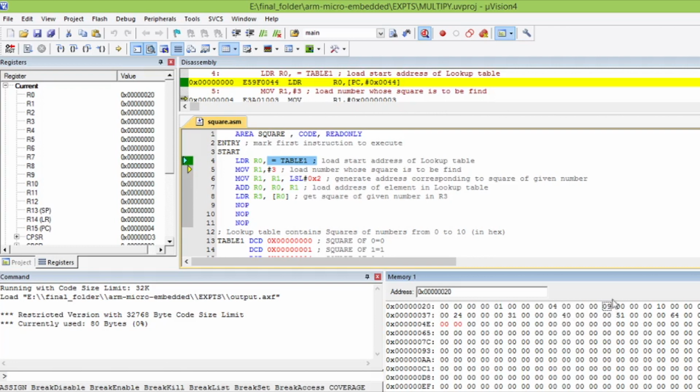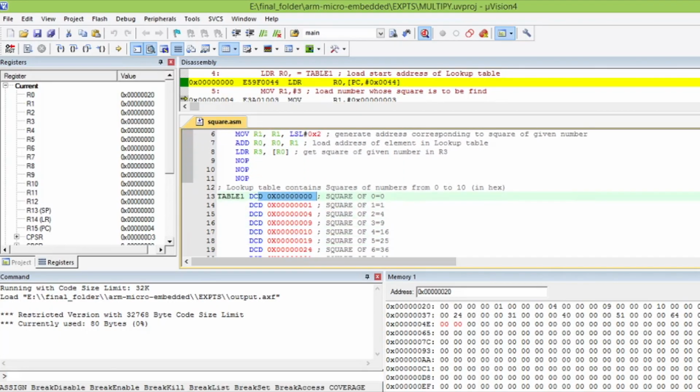This is the location it will be pointing at, and that is exactly our answer. How is it that we are getting this value? The thing is, each data occupies 4 locations. So if you want to find square of 3, multiply it by 4 so that you can reach that particular spot.